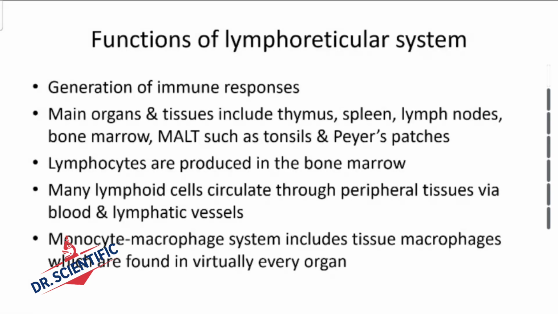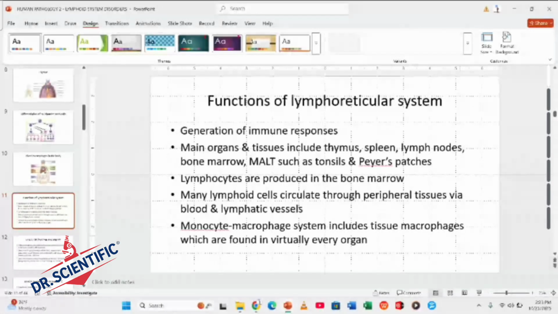The main organs and tissues include the thymus, spleen, lymph nodes, bone marrow, and MALT. MALT is mucosa-associated lymphoid tissue, such as the tonsils we have talked about, the Waldeyer's ring, where we have adenoids and various tonsils around the pharynx, oropharynx, and nasopharynx.